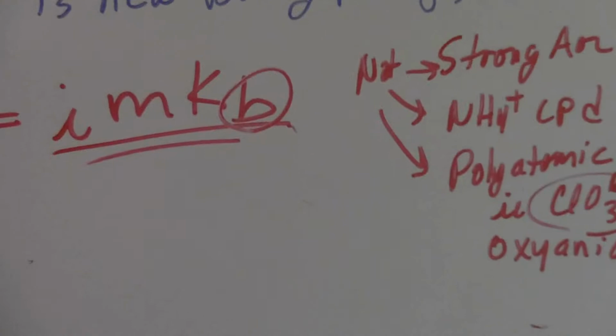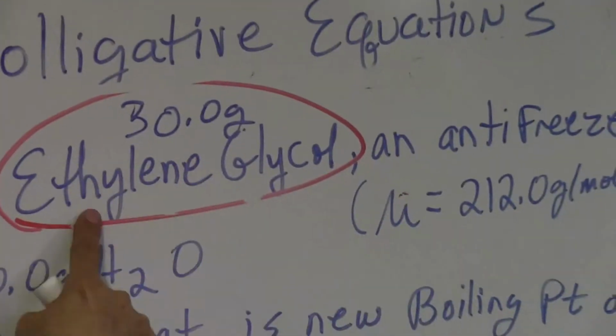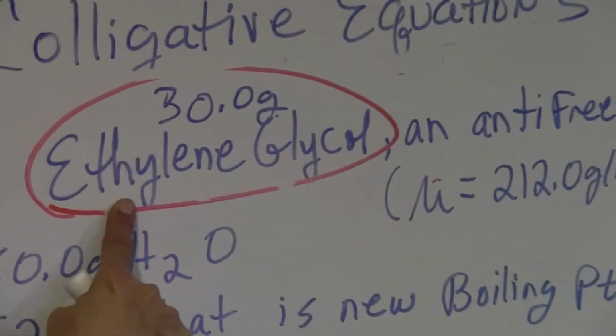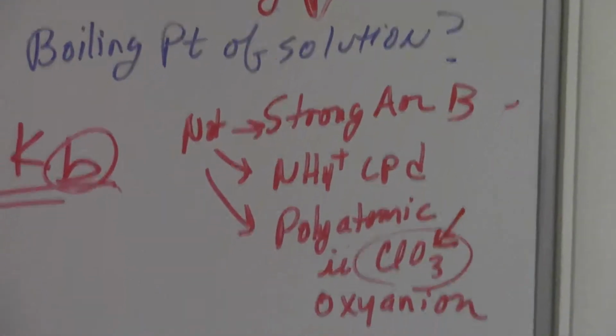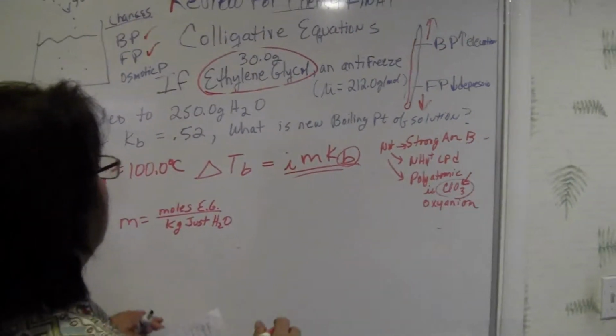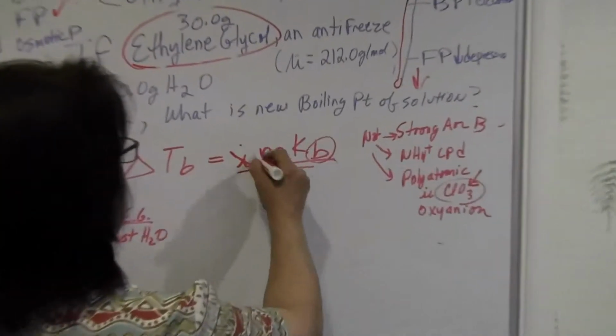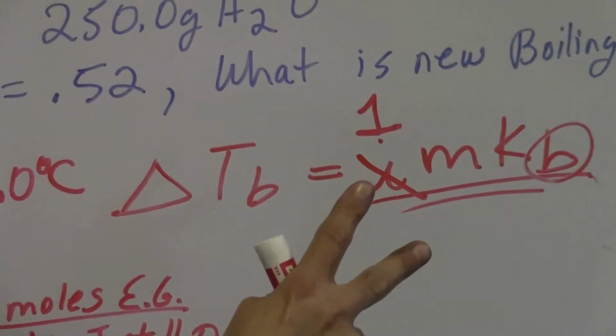This is not a strong base or acid. It's not an ammonium compound. It's not an oxyanion. They would probably give you the formula so then you could see that it's not an oxyanion. So the I in this case is going to be 1 because it's not going to separate into positive and negative ions.